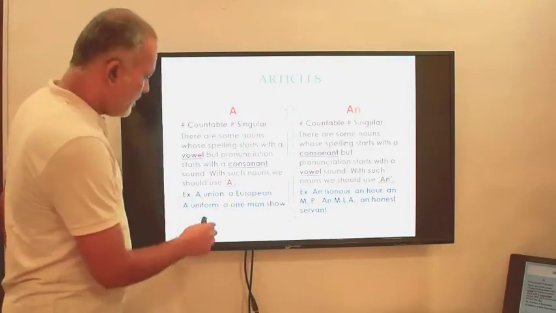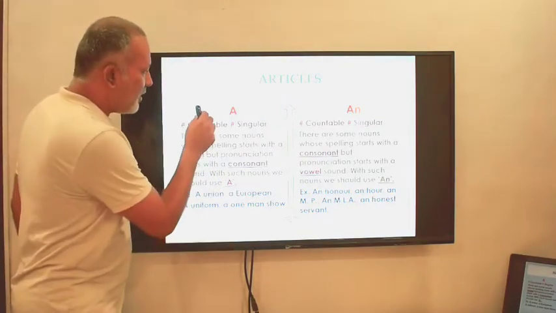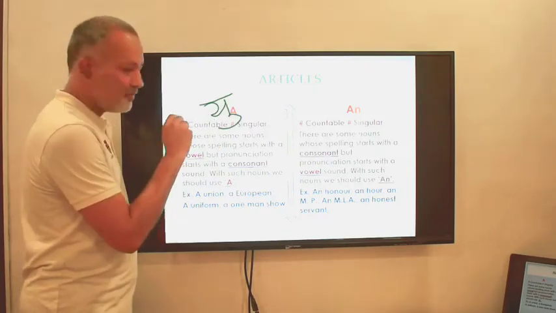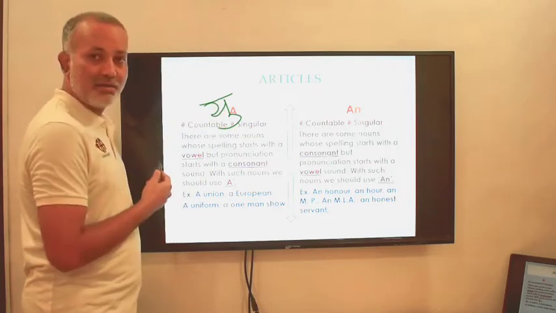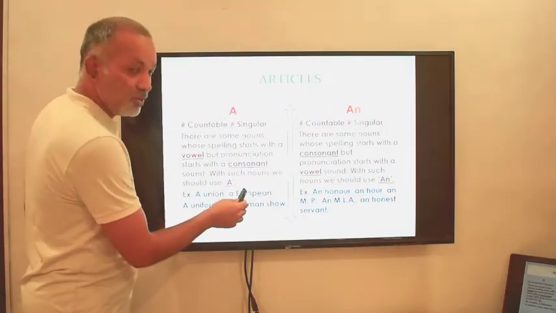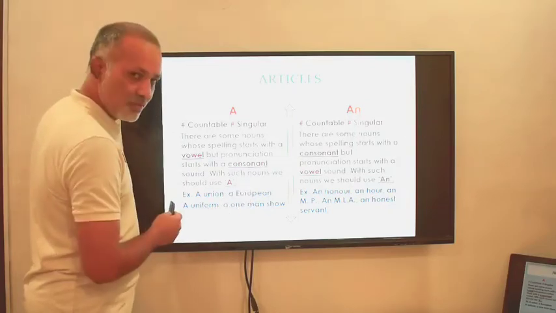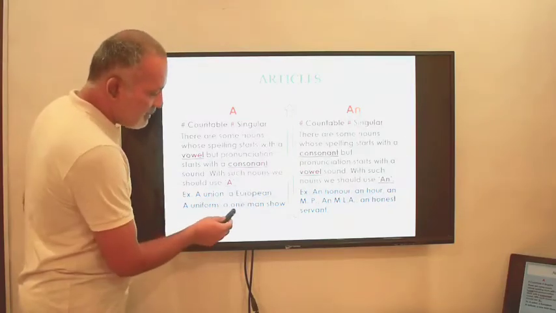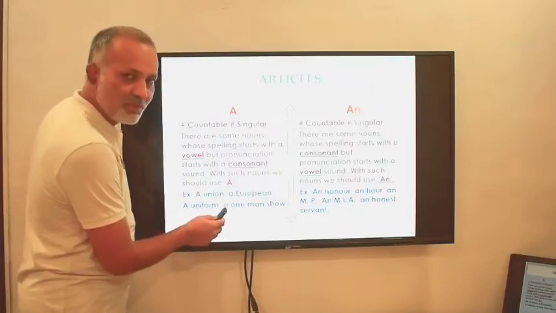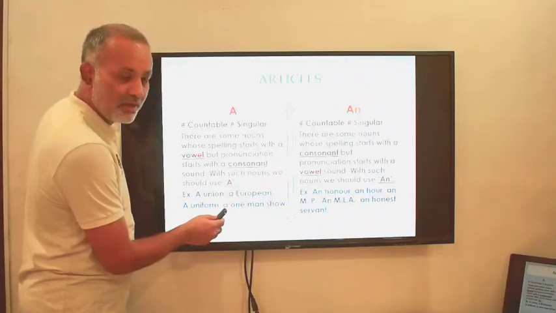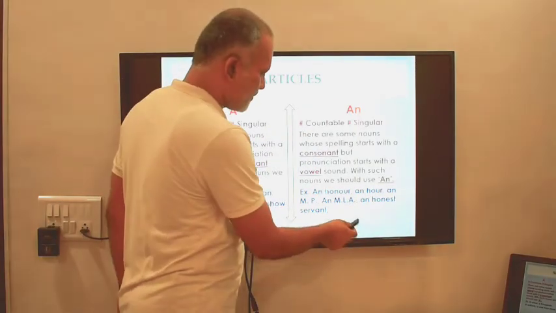Okay. So, if you go back to our earlier slide, you'll know that I have used a with union. U is a vowel in writing, but when I say U, this is not a vowel because इसमें य आया. European, there are two vowels, but in pronunciation it starts with U. Same is the case of uniform. यहाँ पे देखेंगे one, O is a vowel, but उसके पहले हम use कर रहे हैं a because pronunciation starts with W. Let's come to this side.